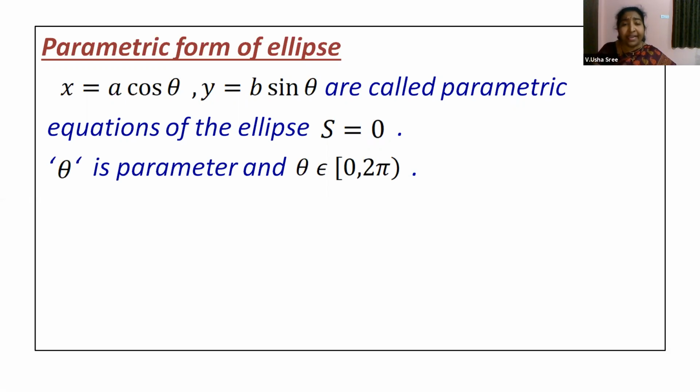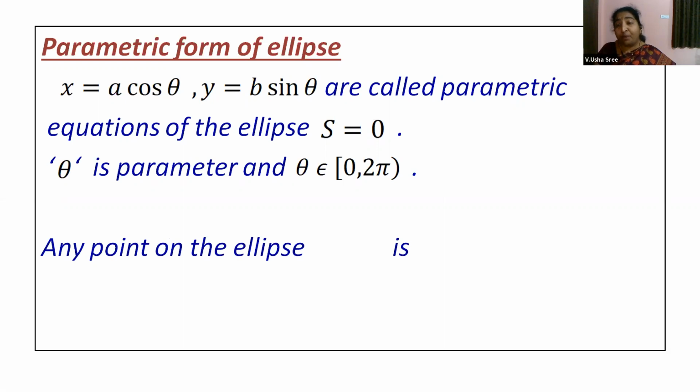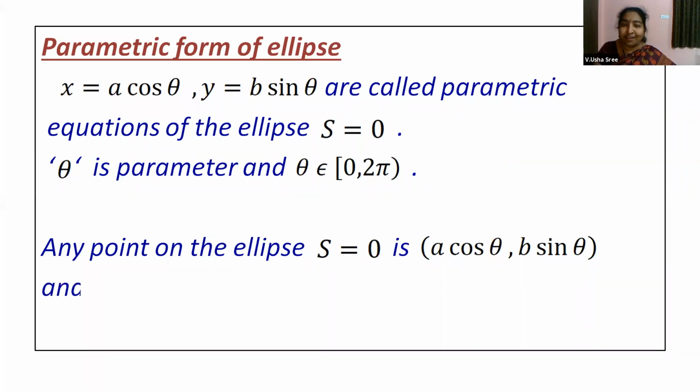If you take any point on the ellipse, children, the standard ellipse S equal to 0, then the coordinates of that point will be a cos theta and b sin theta as the y coordinate. And the name of the point we call it P of theta in the parametric form.